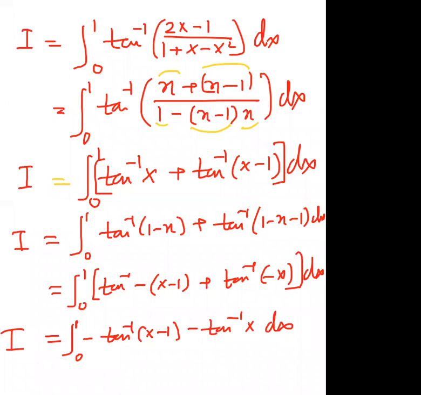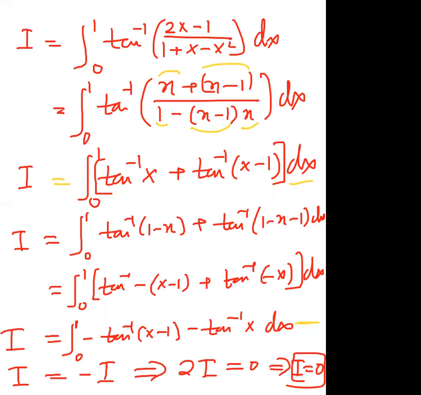Now see this and this. If I'm taking minus sign common in this, so I is equals to minus I, or it implies 2I equals to 0 or I is equals to 0. So integral of this will be 0.